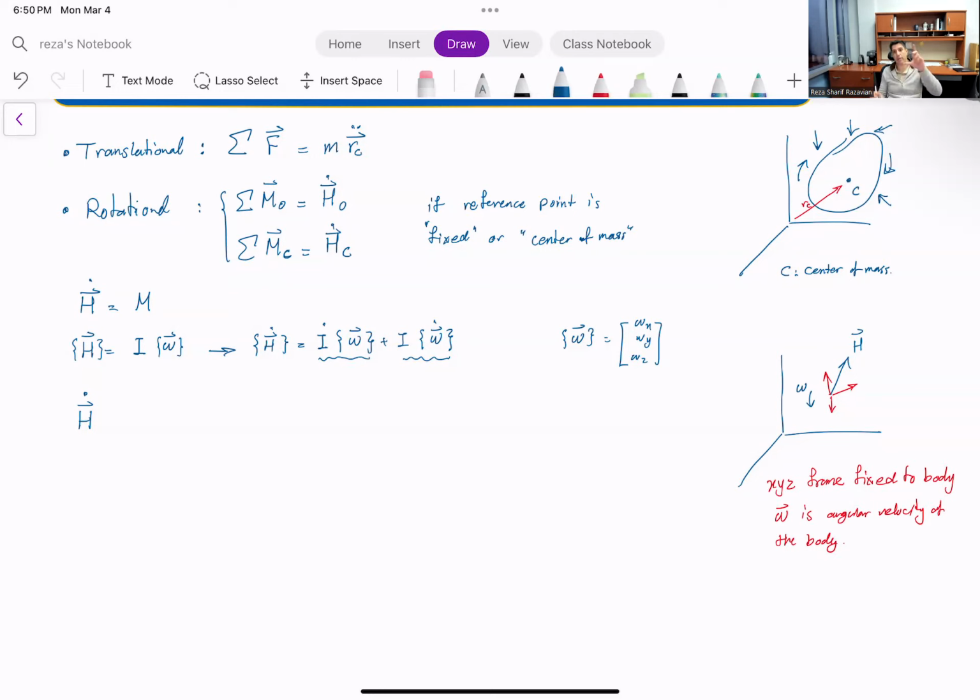So I have a frame, and a vector that is moving around, in a frame that is rotating. The time derivative of my vector h is h dot relative to that frame plus the effect of the rotation of the frame itself.